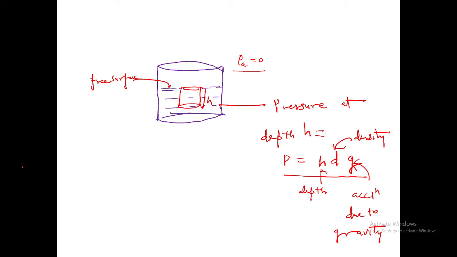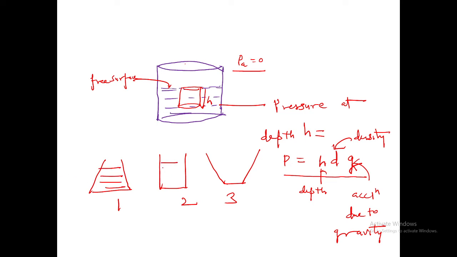What I am telling you is that suppose this is vessel 1, this is vessel 2, and this is vessel 3, and in all the height of liquid is the same. This is h, in this also h, this is also h.